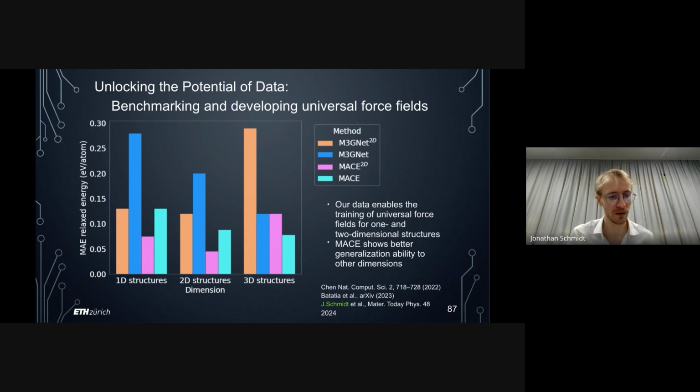The MACE 2D model was only trained on two-dimensional crystal structures and still performs similarly to M3GNet. And we can see MACE generally transfers better to the other dimensions. We can also see that the MACE 2D works still quite well in one dimension, which makes me quite hopeful that if we mostly train on 3D data and add a little bit of two-dimensional and one-dimensional data, we can perform well in all dimensions at once.